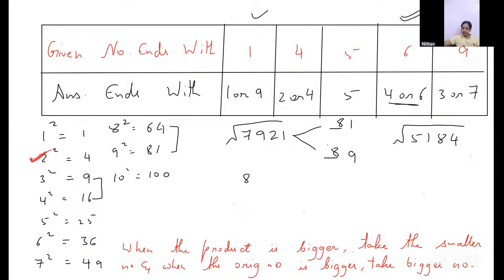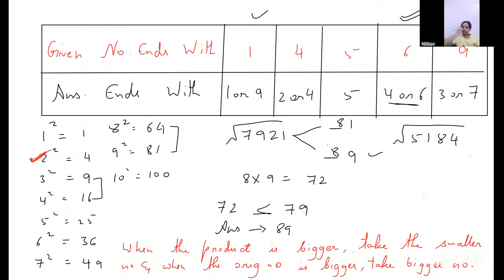Multiply 8 with 9. We will get 72. Then we compare 72 and 79. So the original number is bigger. 79 is bigger. Because the original number is bigger, we take the bigger number, meaning 89. So here the answer is 89.